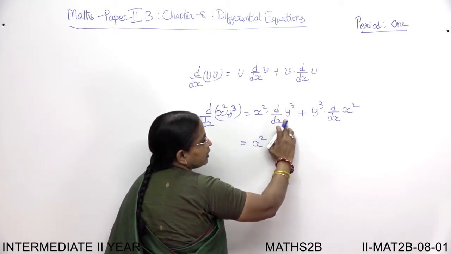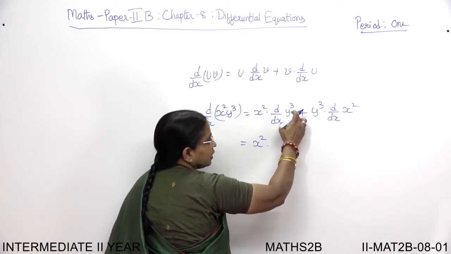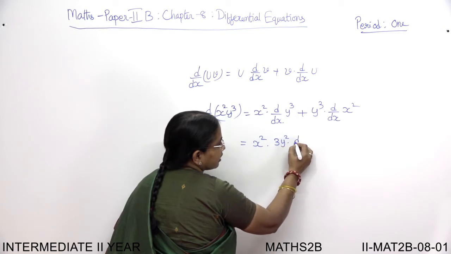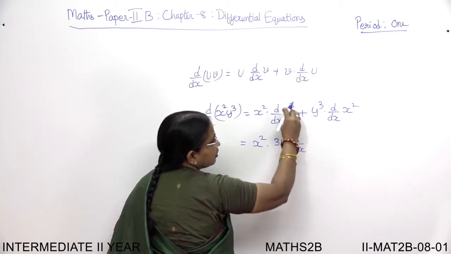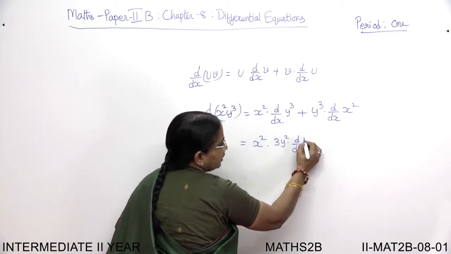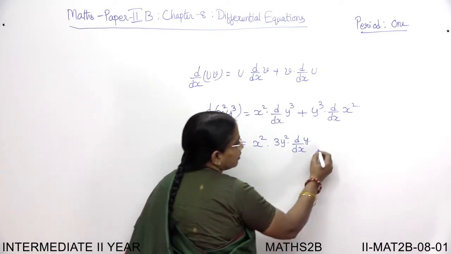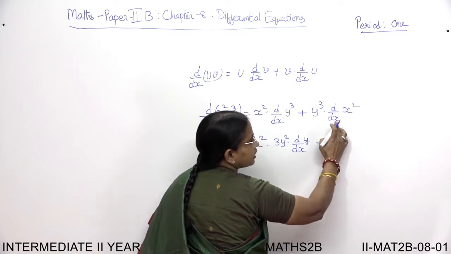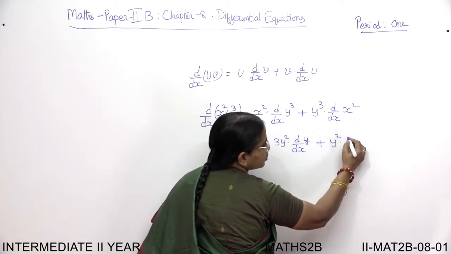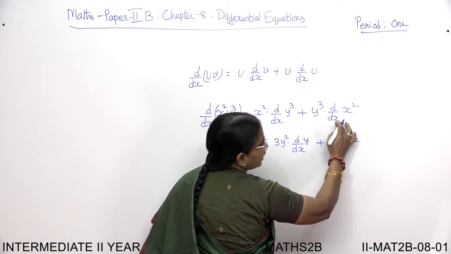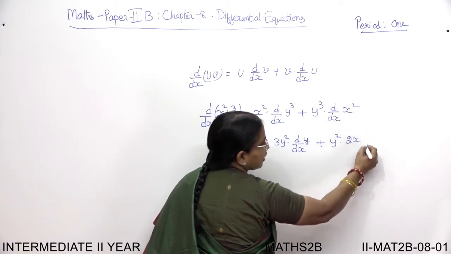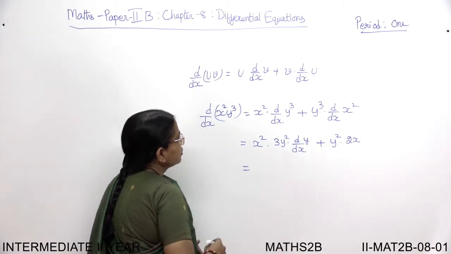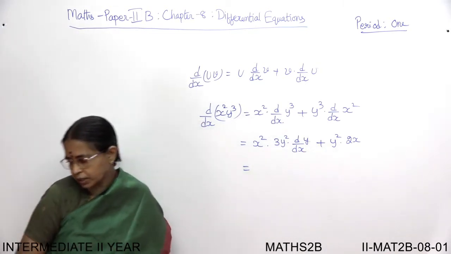It is not the same variable, so you will write its ordinary derivative as 3y square into d by dx of y, plus y square into derivative of x square, which is 2x, into d by dx of x, that is 1. So like this we do, and we will simplify. So this is about the product rule.